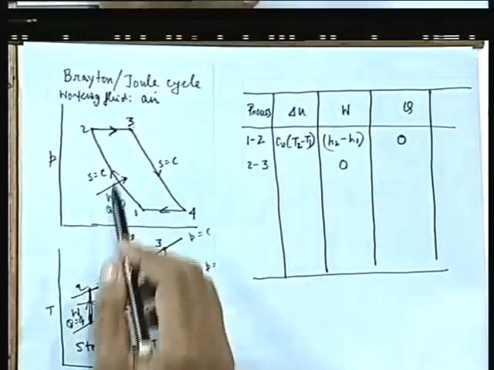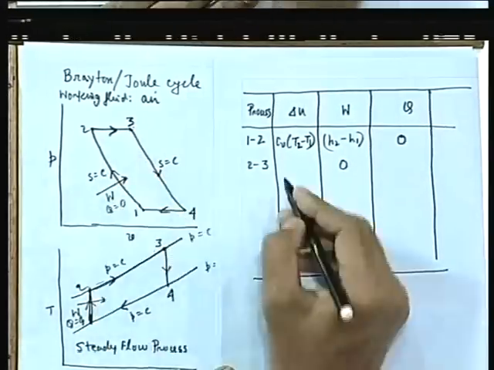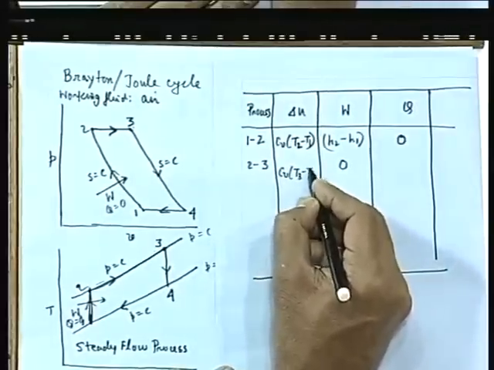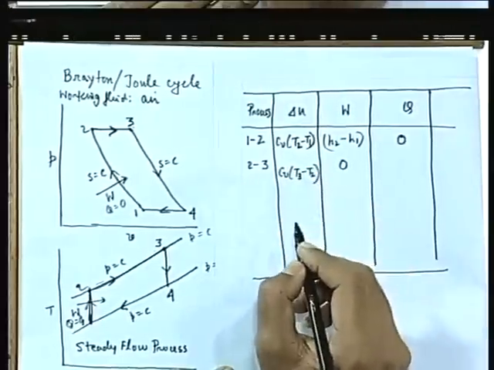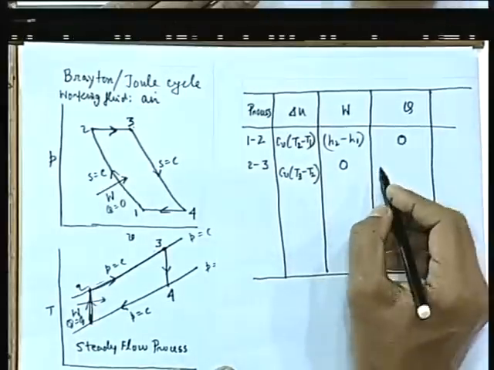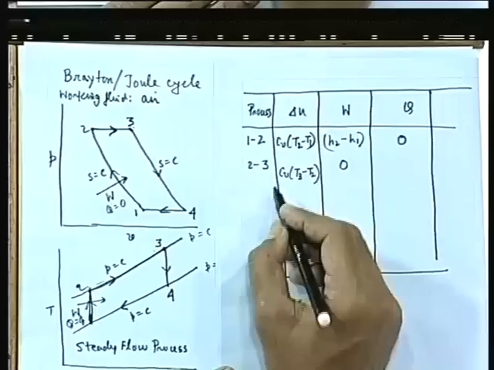So what is the change in the internal energy? Internal energy change is Cv times T3 minus T2, all right. And we get the Q. What is Q?